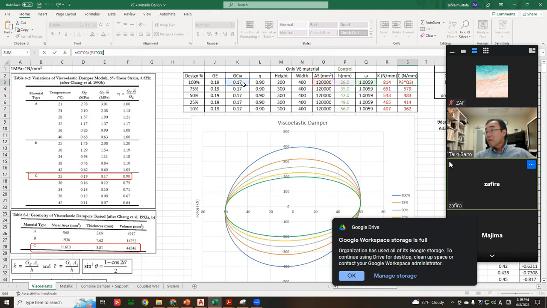This one? No, this is GC omega. I just want to check GC. If omega is constant, then GC will be changed, right, Sensei? Because omega for one building is constant.